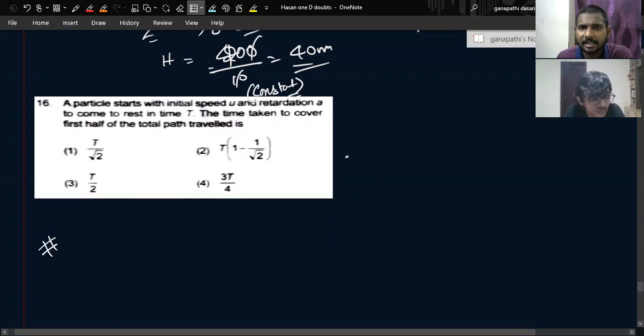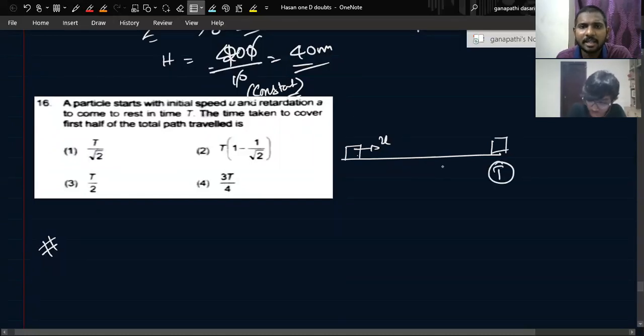So suppose you take a basic particle. It starts with the initial velocity u, slowly it retards and comes to rest at this point in time, capital T. Constant retardation is there. Suppose you consider this distance as s. The time taken to cover the first half of the total path is s by 2.